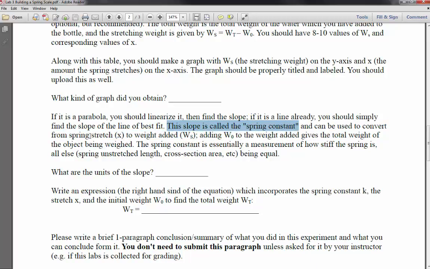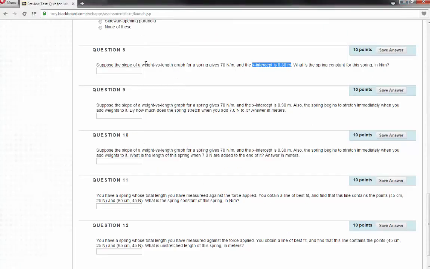Now this is the slope of stretch versus weight, but weight versus length doesn't really change the slope. The total length just means you're adding to everything an additional x naught term.